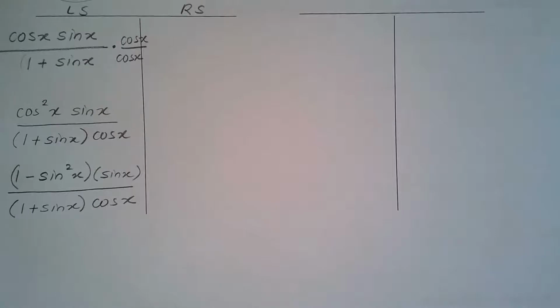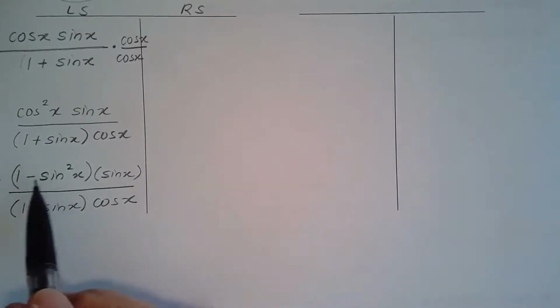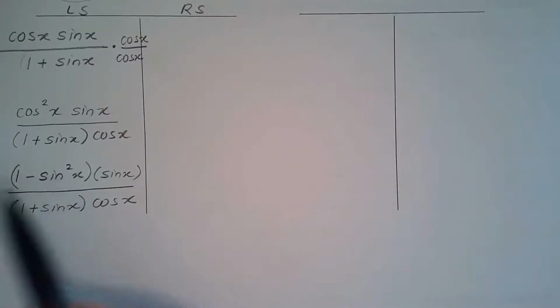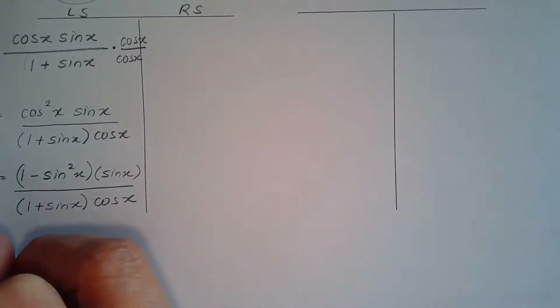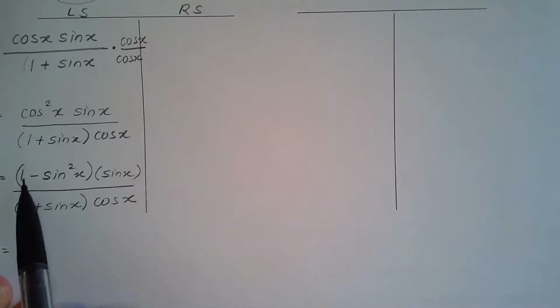Okay, so what can we do? Now, this is a difference of squares. We're actually going to be using the factoring strategy here. We notice that, hey, this is a difference of squares.